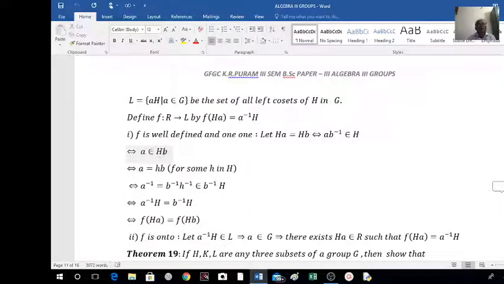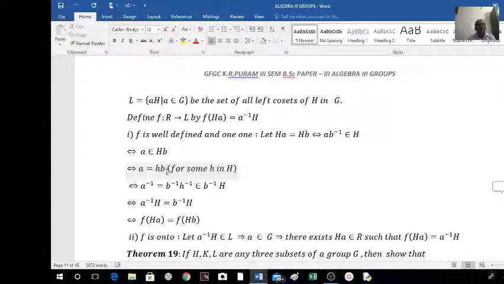Now HB is the set consisting of the elements of the form H1B, H2B, H3B, H4B, like this. A belongs to this set means it must be of the form A equal to an element of H times B, for some h in H. Now if I take the inverse, A inverse equal to HB whole inverse.